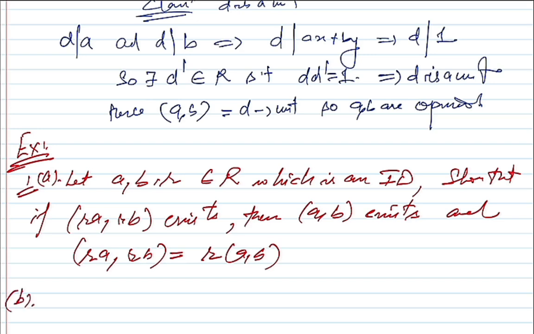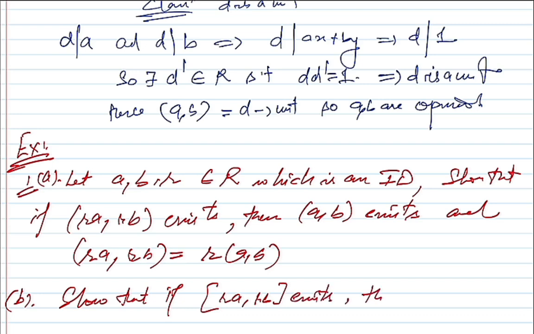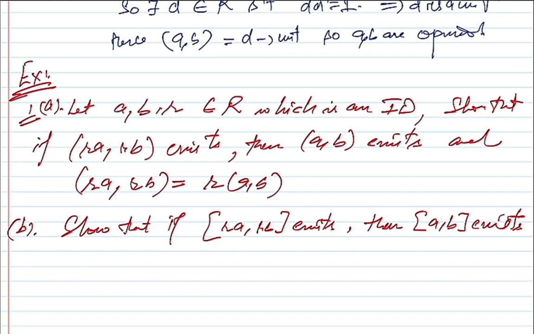The second exercise is about LCM. Show that if the LCM of RA and RB exists, then the LCM of A and B exists. Now keep in mind that this is for a single R. If there is some R such that the LCM of RA and RB exists, then I am not saying for all R, otherwise it is a trivial statement.